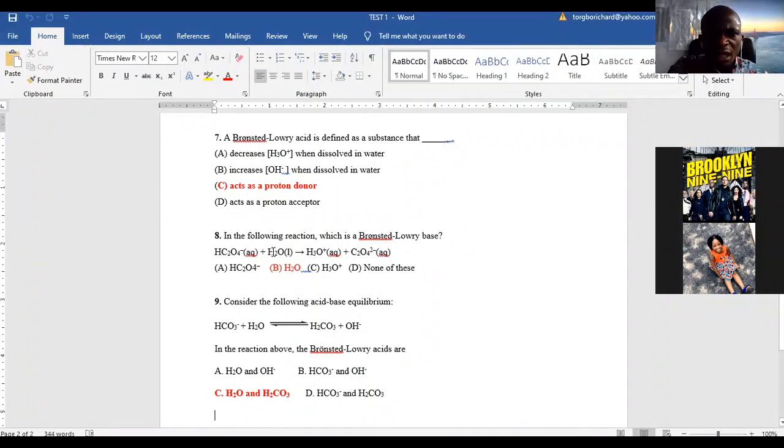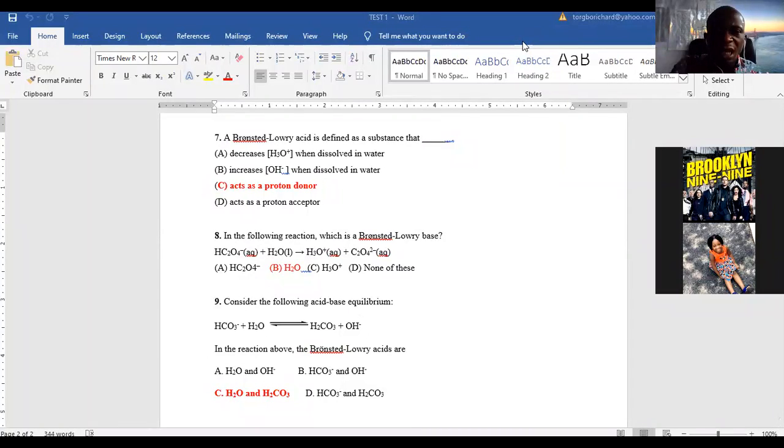If you look at the reaction carefully, water at the reactant site becomes hydronium ion at the product site. It can only mean that water at the reactant site has accepted a proton from the oxalate ion.